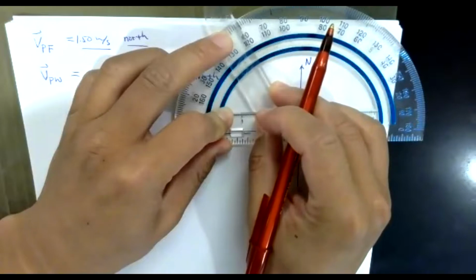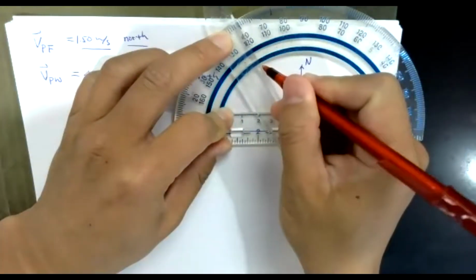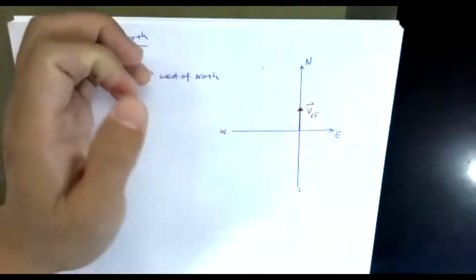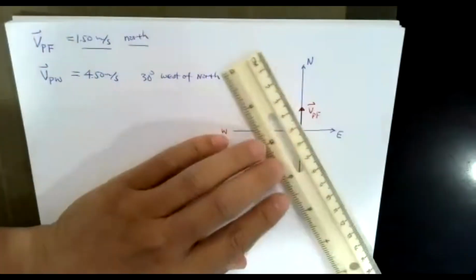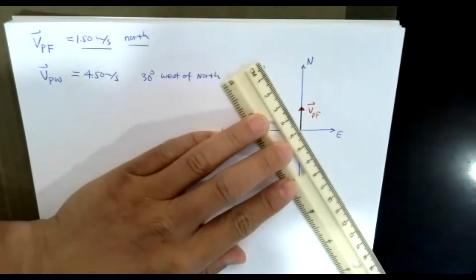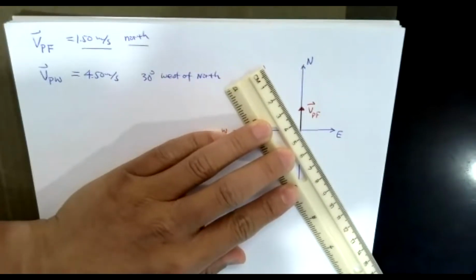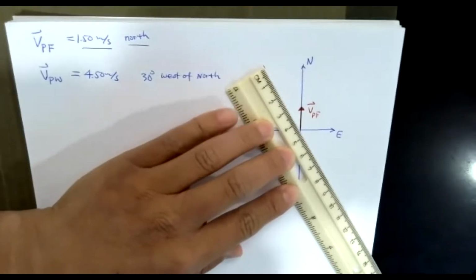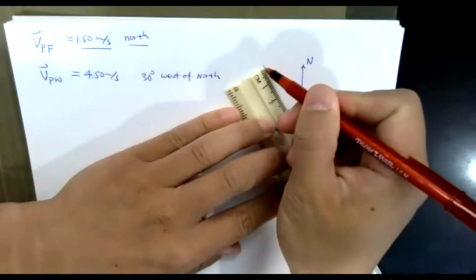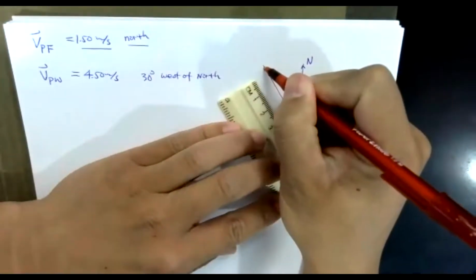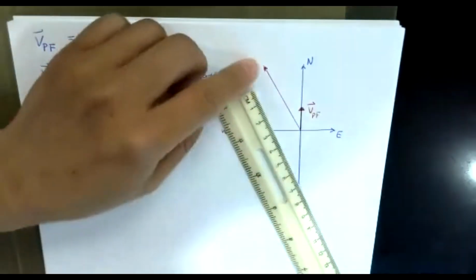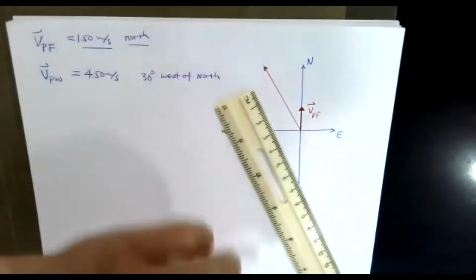So it's going to be somewhere in that direction. The magnitude is 4.5, so we need 4.5 in that direction. Right about there. I'm a little bit over, but it's somewhere there. That's 4.5.